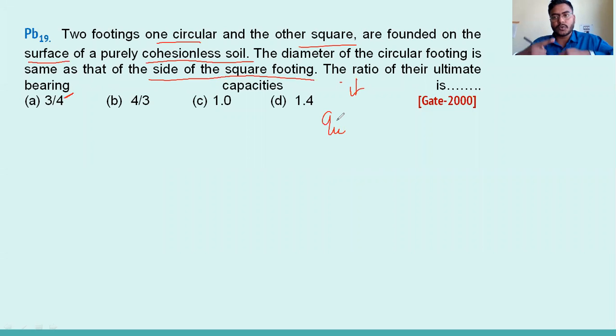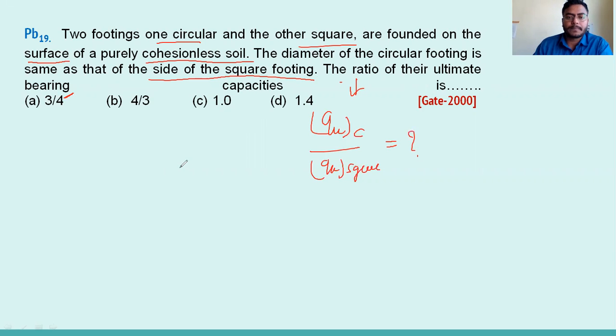If you change the ratio orientation, denominator to numerator, the ratio will be different. You can see in the first option 3/4 is given, in the second 4/3, so you have to take care. First circular is given and then square, so from the question we have to calculate the ultimate bearing capacity ratio of circular to square, right?